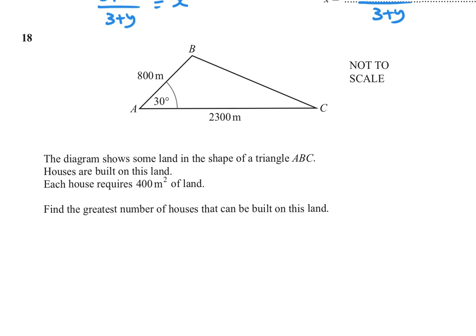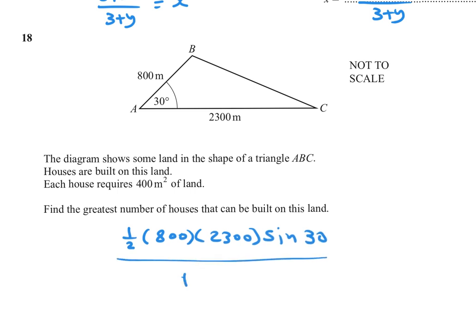Area of triangle equals half times 800 times 2300 sine of 30. Then divide that by 400 to find the number of houses. It equals 1150, so no need to round, so 1150 houses.